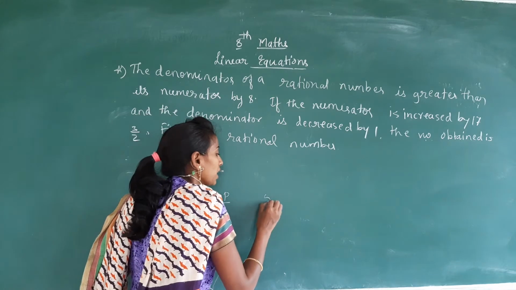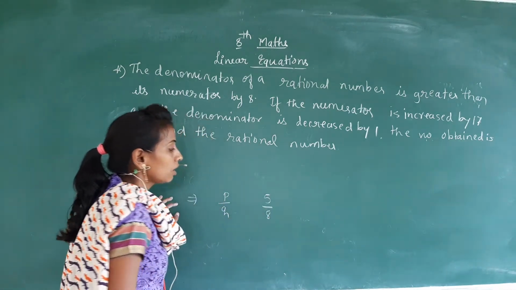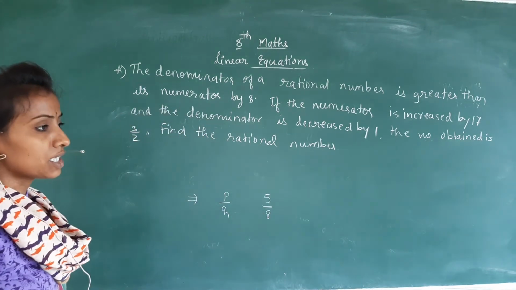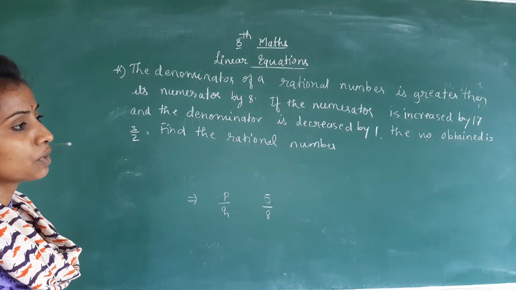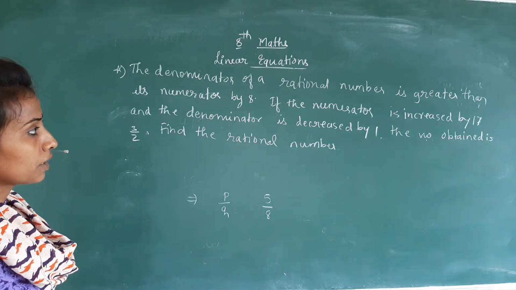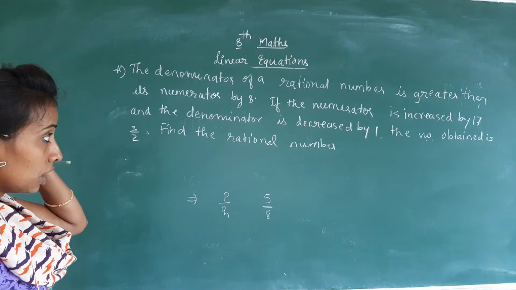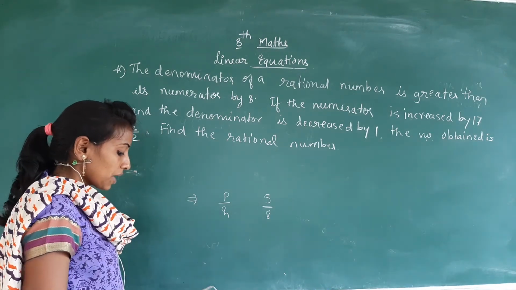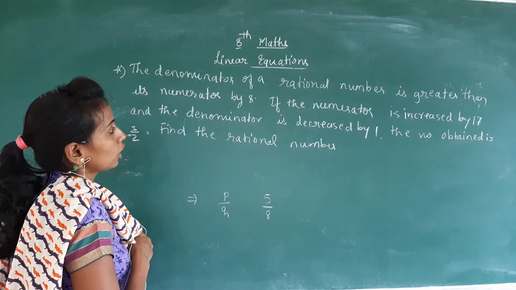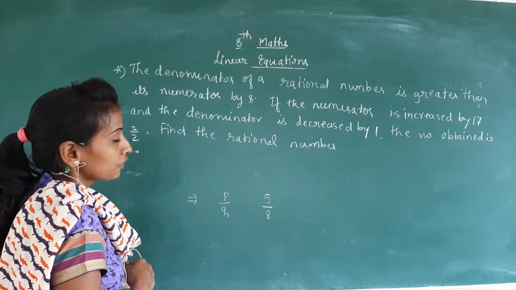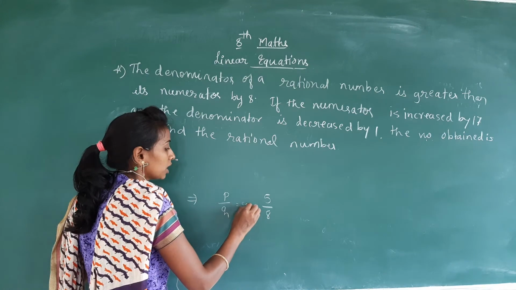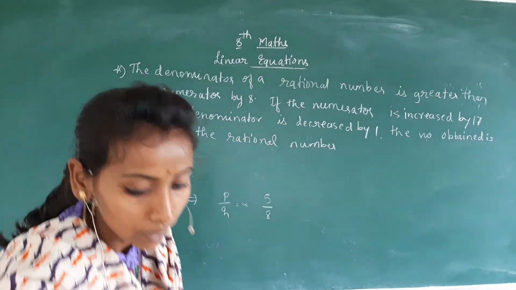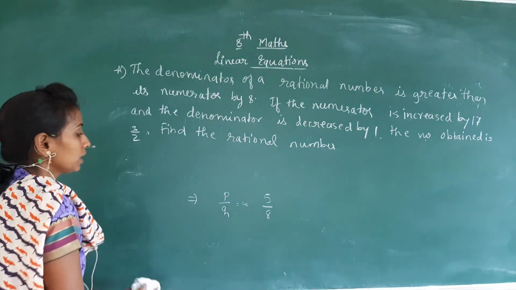Means 5 by 8, 5 by 8 is a rational number. The rational number contains one numerator and one denominator. In general form it is p by q, and q should not be equal to 0. If it is equal to 0, then the value becomes infinity. So q should not be equal to 0.